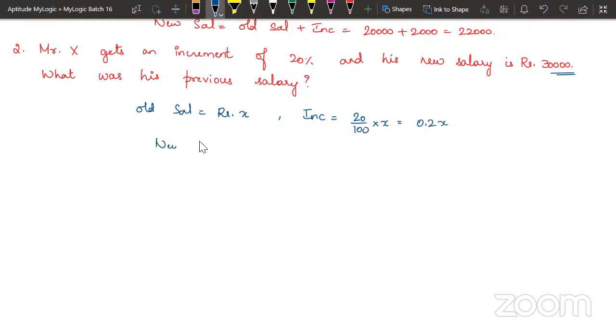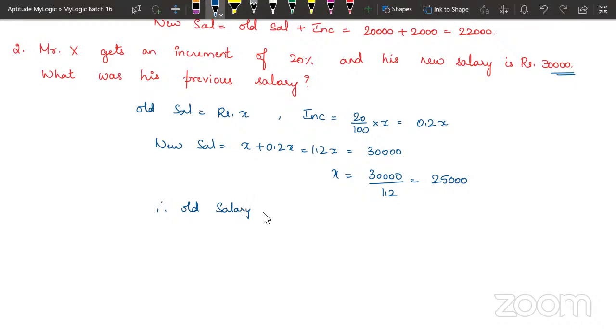Now, what is new salary? It is old salary plus increment, which gives you 1.2X, and that is equal to 30,000. So basically, X is equal to 30,000 divided by 1.2, which gives you 25,000 rupees. Is that clear? Therefore, old salary is 25,000.